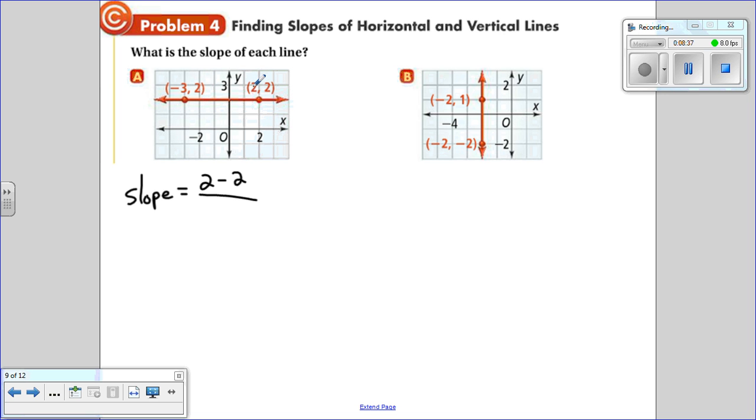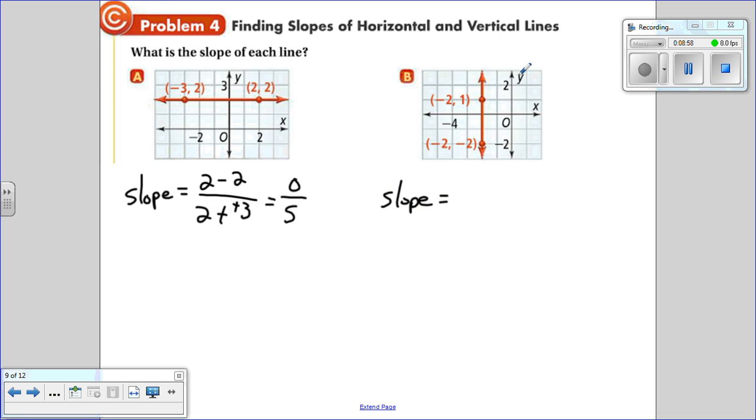My x2 is 2. And my x1 is negative 3. So minus negative 3. So we get 0 over, this becomes 5. So what happens when you have 0 divided by 5? We're going to talk about that in the next slide.